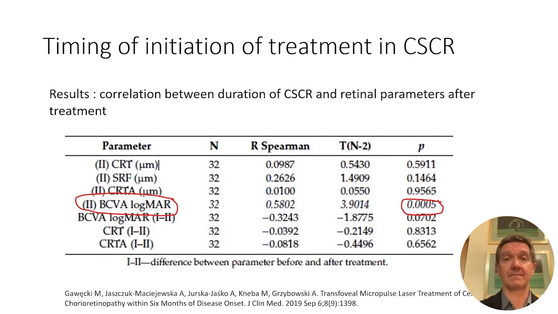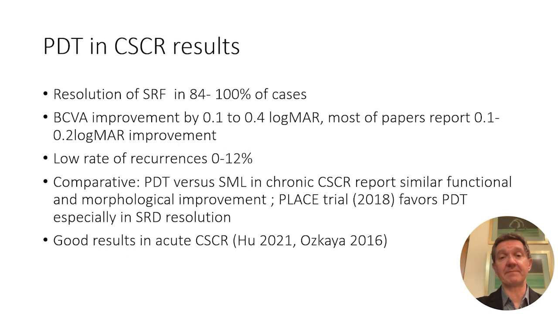As I said before, PDT is a valuable treatment option in central serous chorioretinopathy. Resolution of subretinal fluid after applications of PDT is reported in 80 to 100% of cases. Also, improvement of BCVA is quite significant. These are a few lines on the Snellen or LogMAR chart.